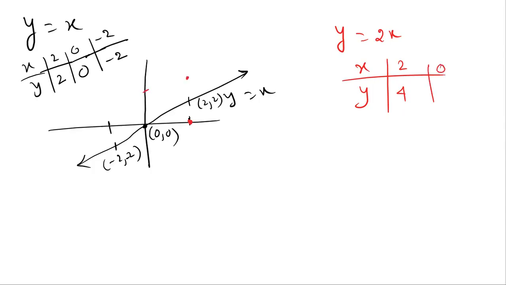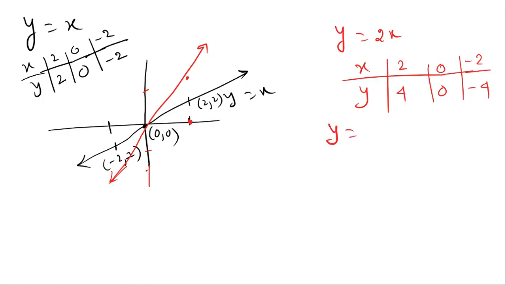If x is 0, this will become 0. If x is minus 2, this will become minus 4, somewhere here. So the graph will go like this. See the contraction, see the expansion. The graph is stretching along the y-axis.